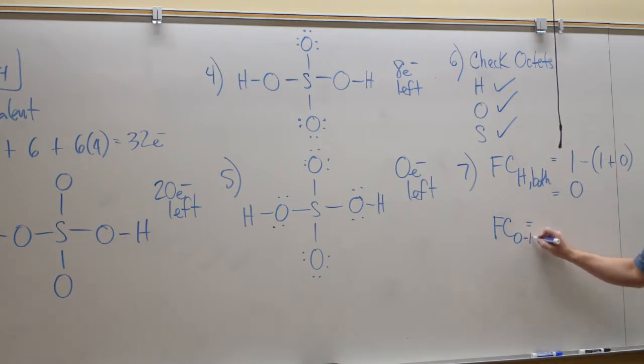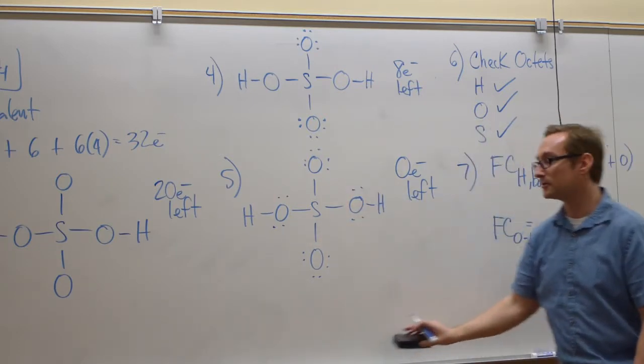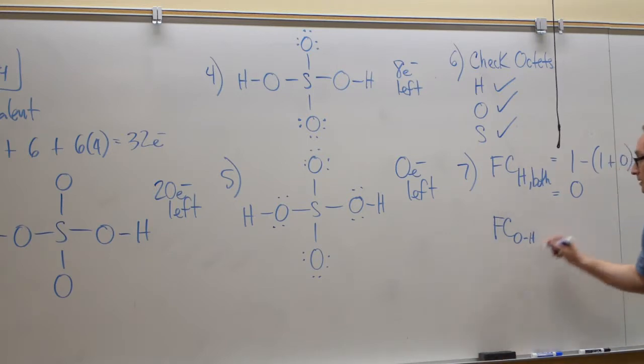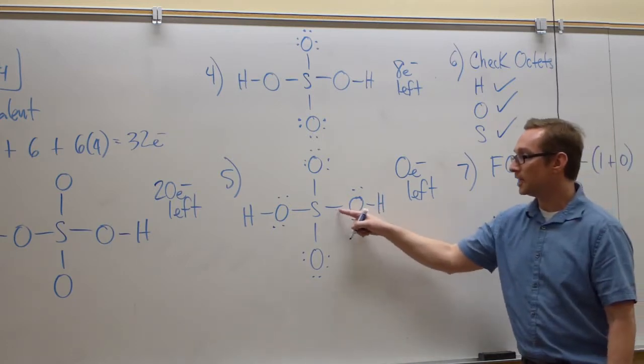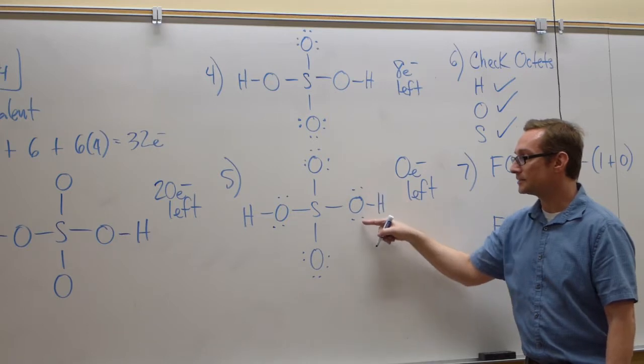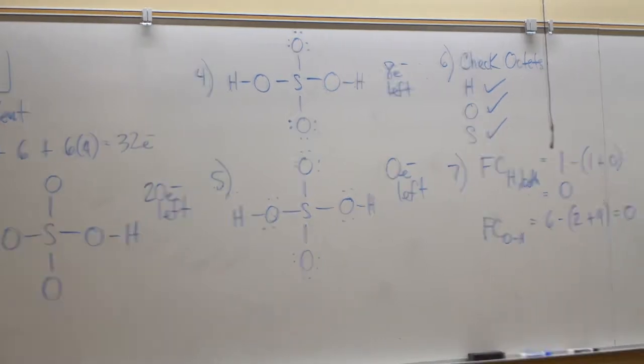Well, there's two kinds of oxygens here, right? We got the OH ones and then we have the outer ones. So formal charge of the bonded oxygens with the hydrogen could be 6 minus, how many bonds? 2 bonds and 4 dots. Okay, 2 bonds and 4 dots. So that gives me a formal charge of 0 for those.